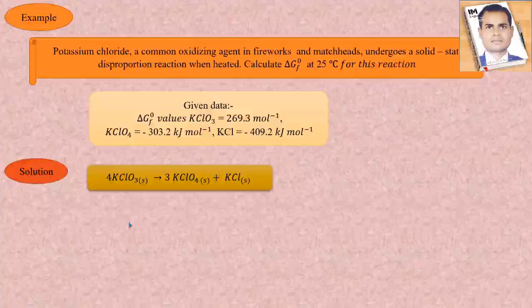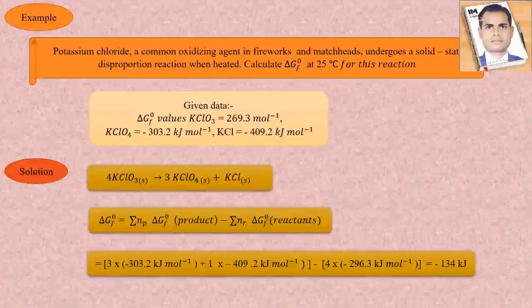You will see here 4 potassium, here 3 and here 1, so it is 4, and Cl thrice and here 1, so obviously it is balanced. And how many oxygens are here? 12 oxygens are here.